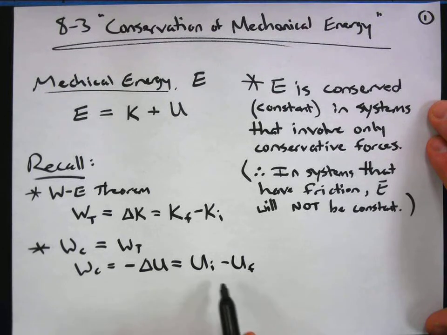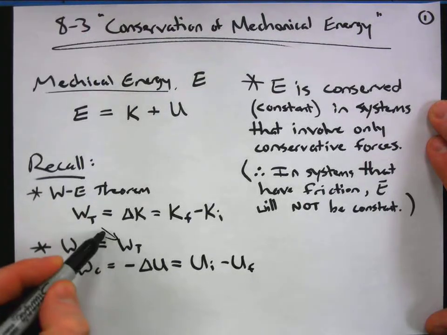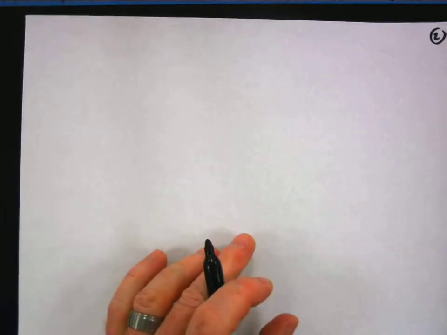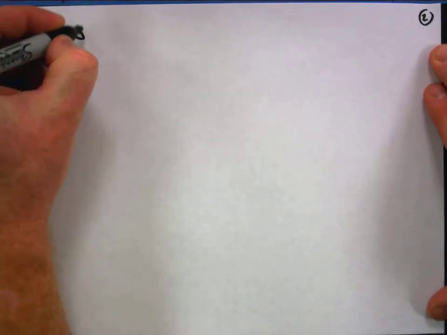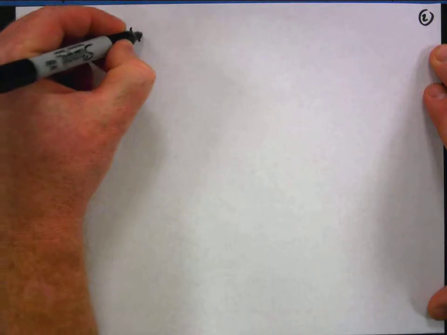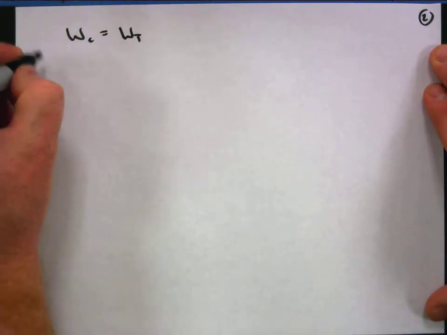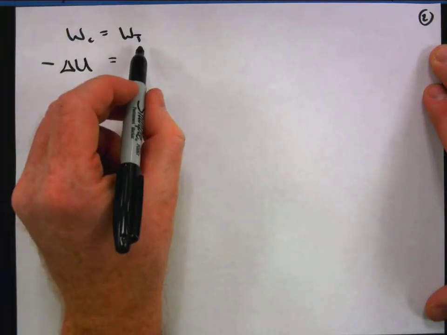All right. Well, we can put these two together for us because we see this connection right here. So check this out. From those previous two statements, we have this: the work done by conservative forces is equal to the opposite of the change in potential energy, and the total work done is going to equal a change in kinetic energy.